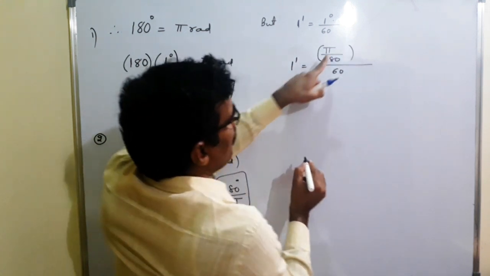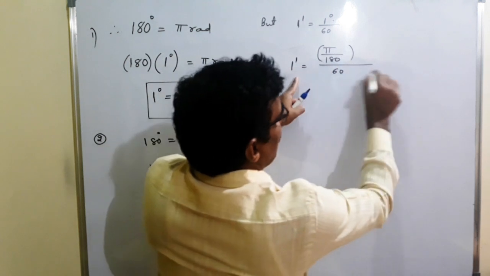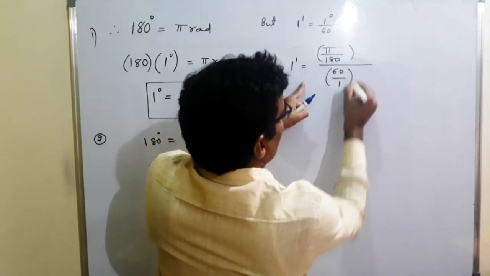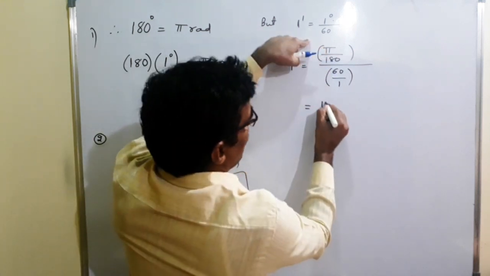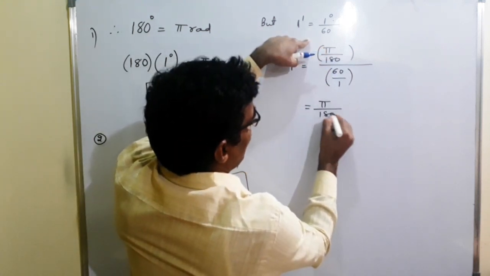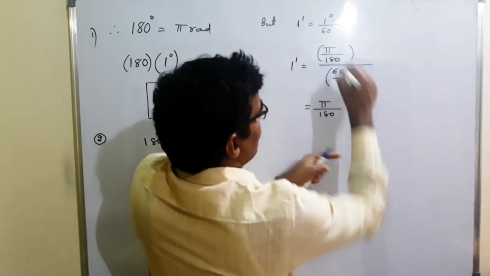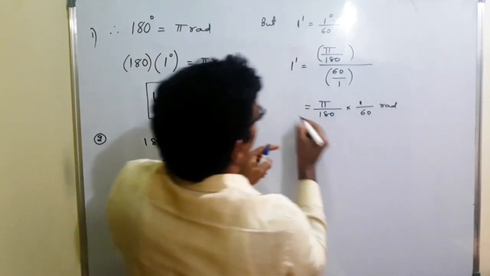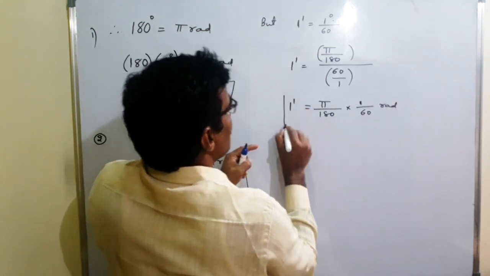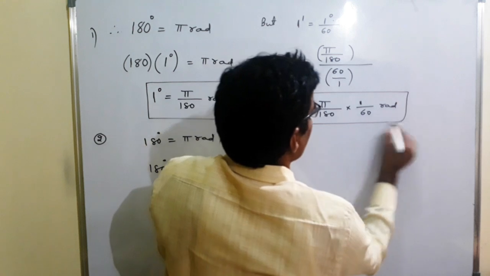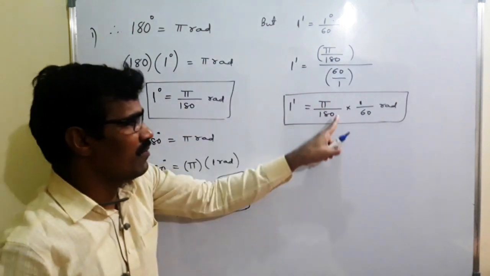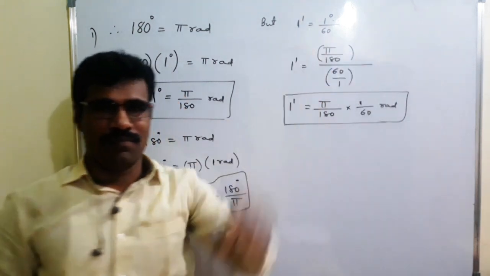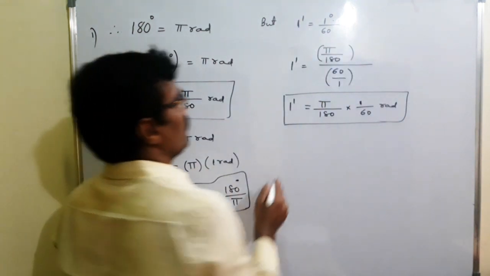Listen carefully, pi by 180 divided by 60, the denominator 60 goes as 1 by 60. So 1 minute is equal to pi by 180 into 1 by 60 radian.